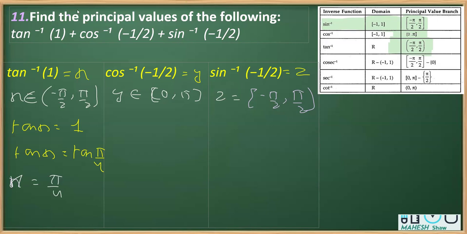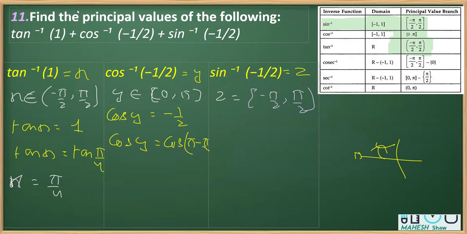Coming to the next part, this is cos inverse minus half. So clearly cos y will be minus 1 by 2. And cos is negative in the second quadrant, so I'll write this as cos of pi minus, and cos half is pi by 3.